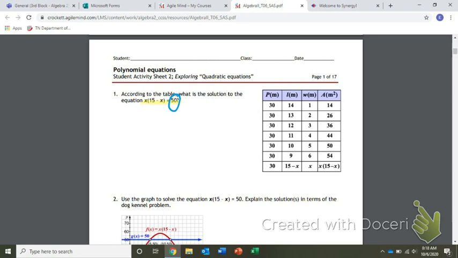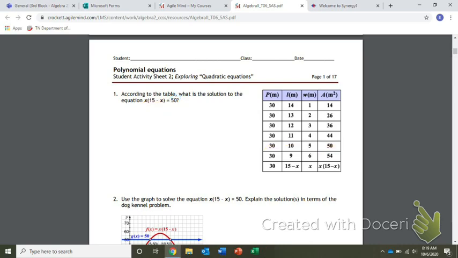So on your paper, circle the row where the area equals 50. We have two solutions: 10 and 5. That means when I plug those numbers into my equation, I'm going to get out 50. So you know that's our solution.